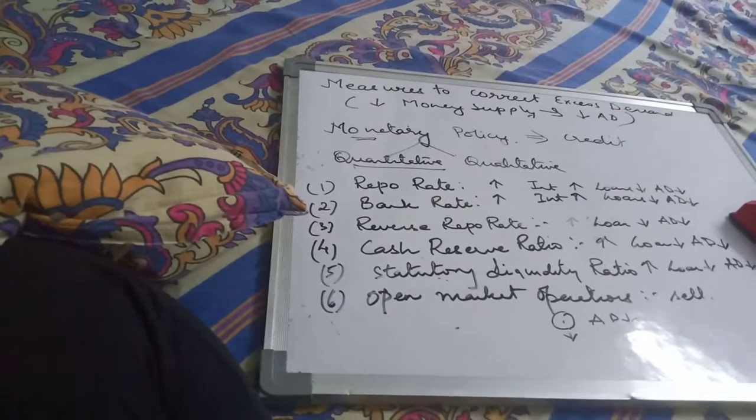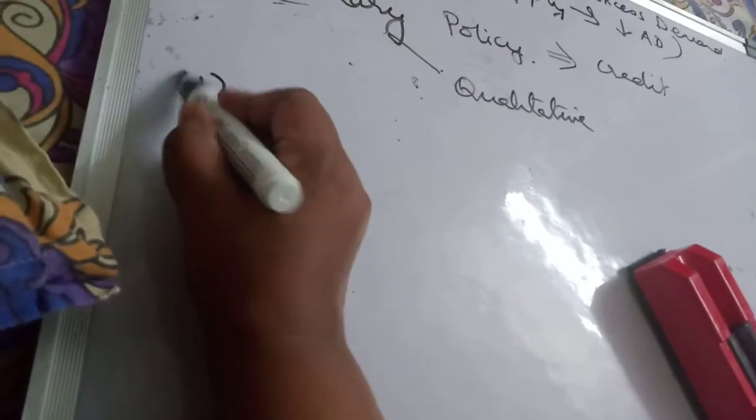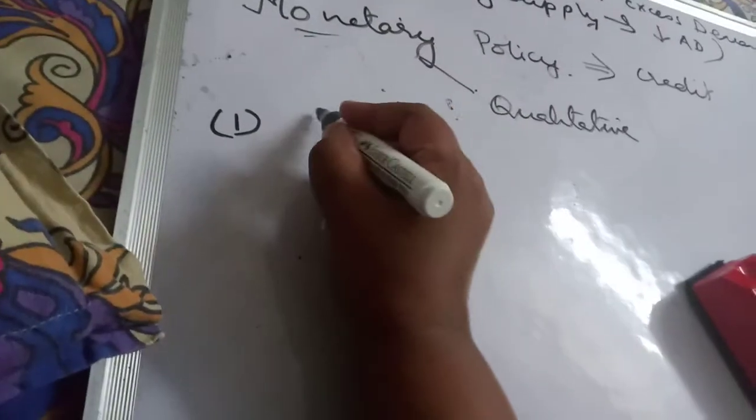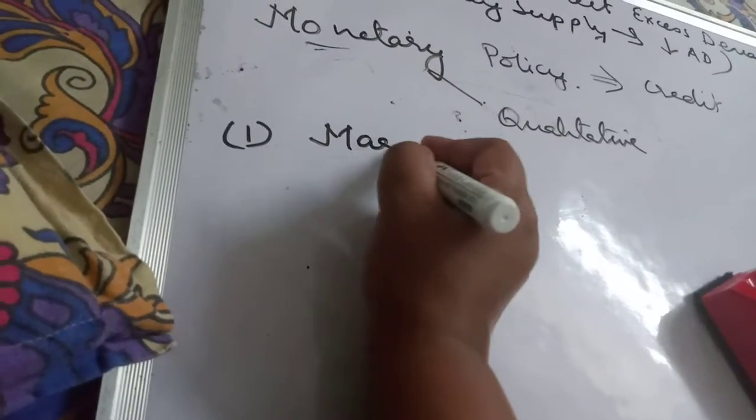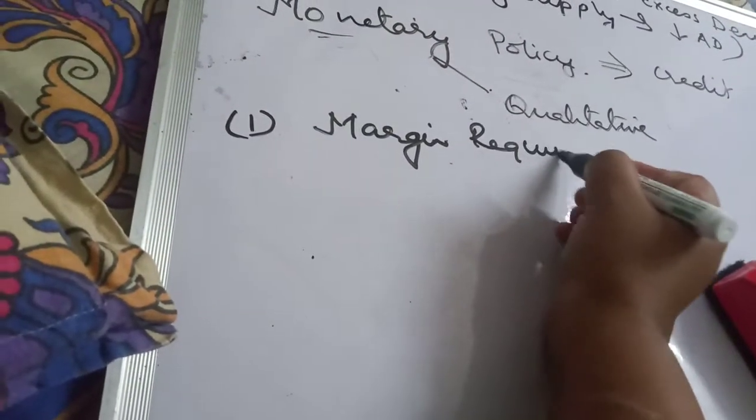Apart from this, we have qualitative measures also, and these qualitative measures are directives to the commercial banks by central bank. The first qualitative measure is margin requirement.